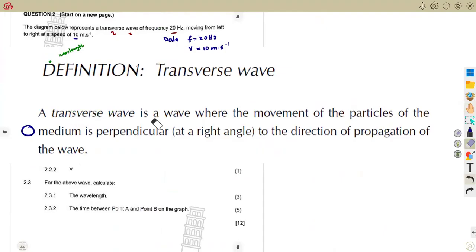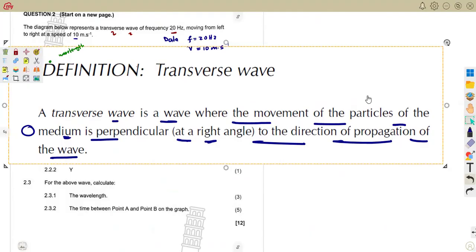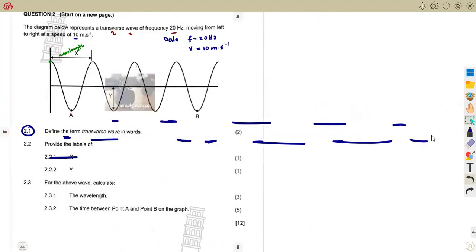So we have a transverse wave, which is a wave where the movement of the particles of the medium is perpendicular, that's at right angles, to the direction of propagation of the wave. We referred to this before, so this is just a recap as you are having your revisions. All right, let us consider another part.